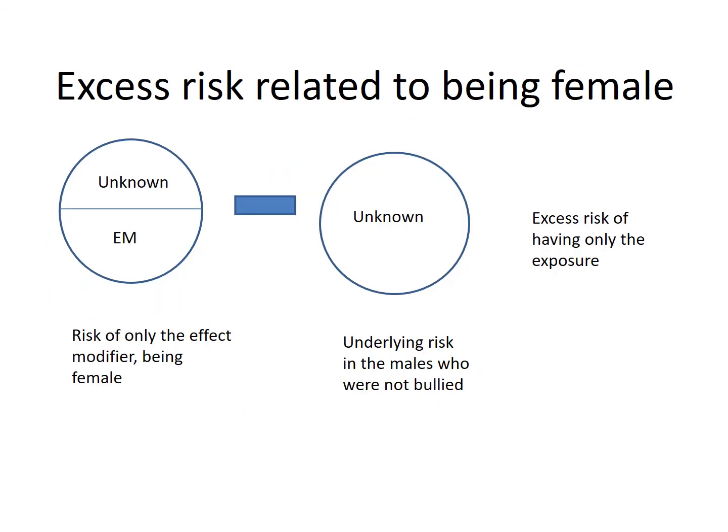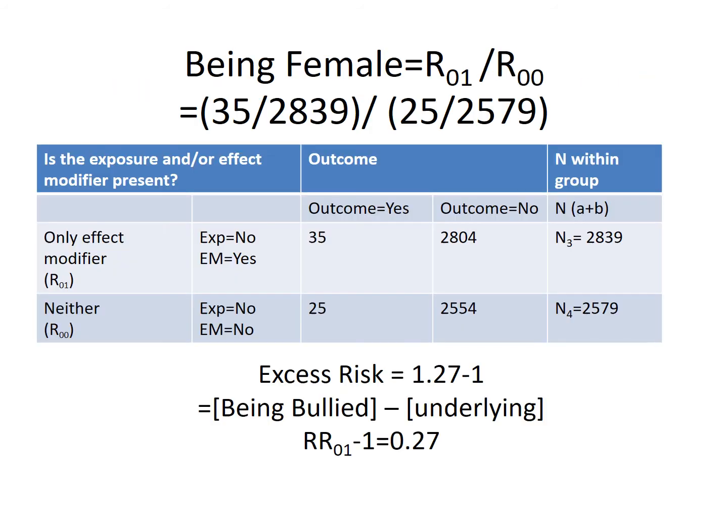But what about the excess risk related to being female? Does that explain the gap? And so here we're going to look at the risk of only being female. And for that, we're taking rows 3 and 4. So 4 is that comparison. The boys who were not bullied is always our comparison group. And we're just looking at the girls who were also not bullied.